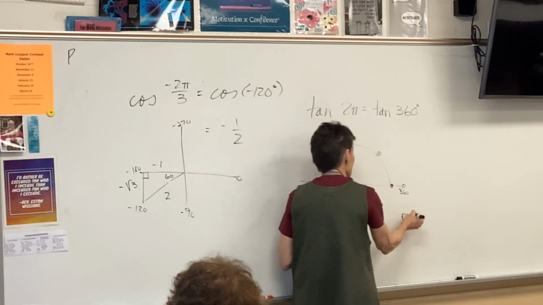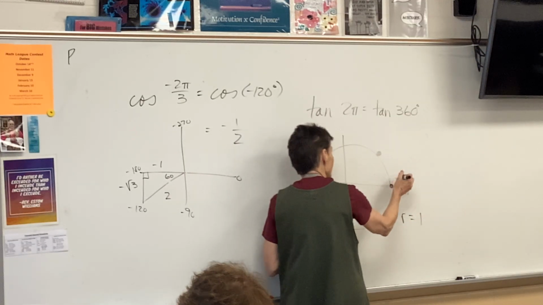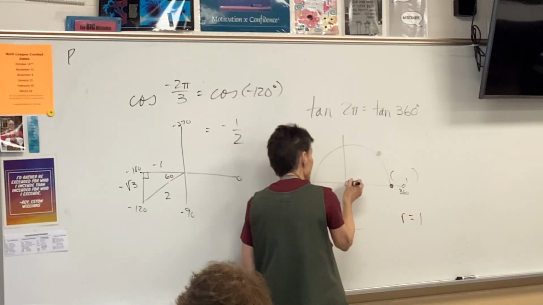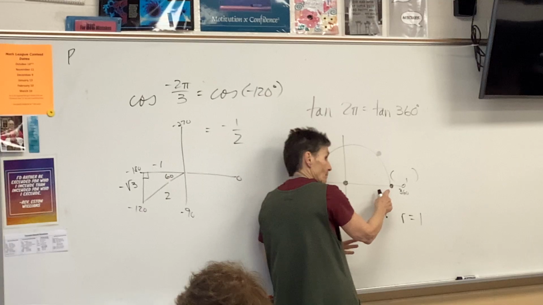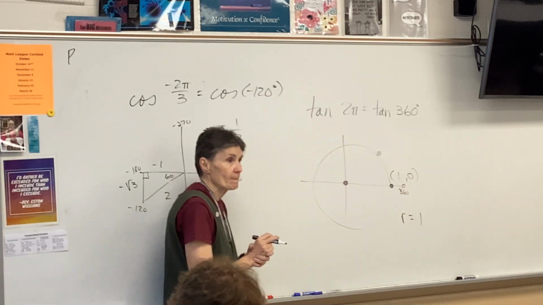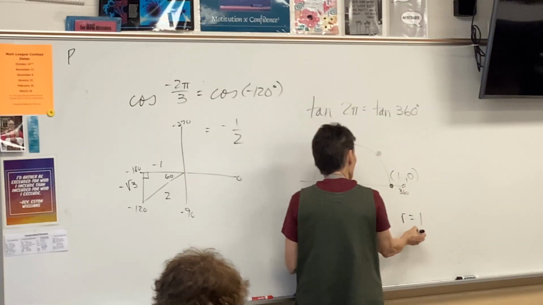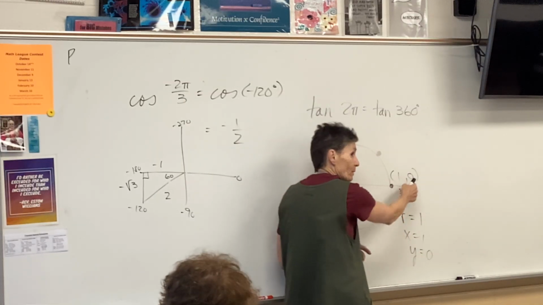What is the radius of our circle? 1. So what are the coordinates of the point? Here's the origin. I'm going right 1. So 1, 0. That means that x is 1 and y is 0 from that point right there.